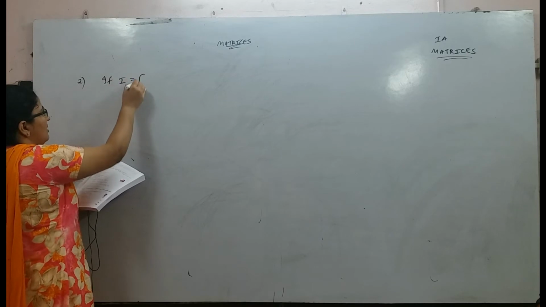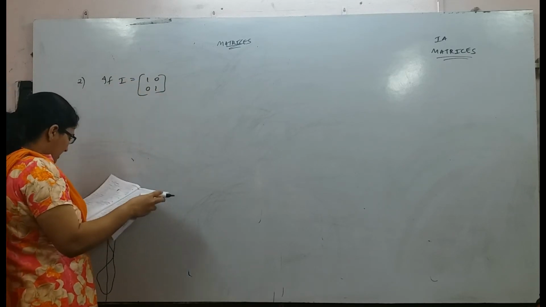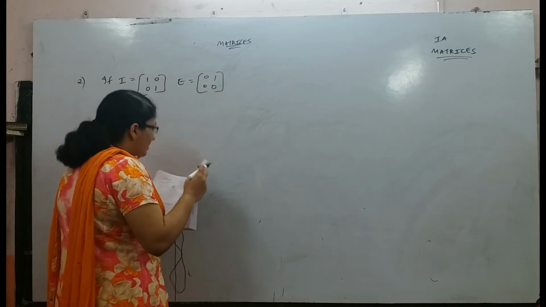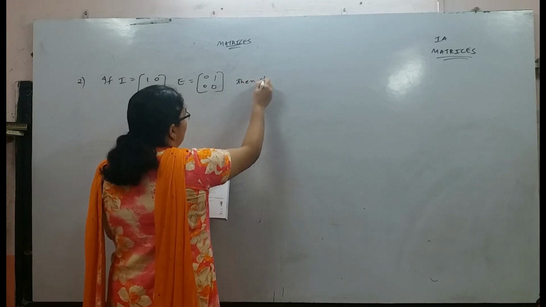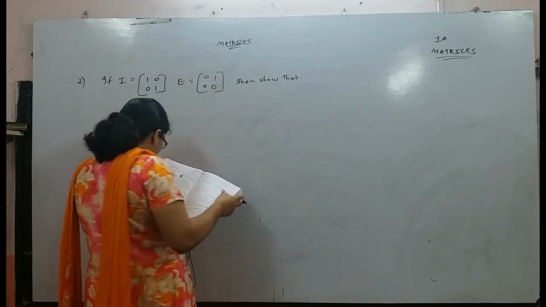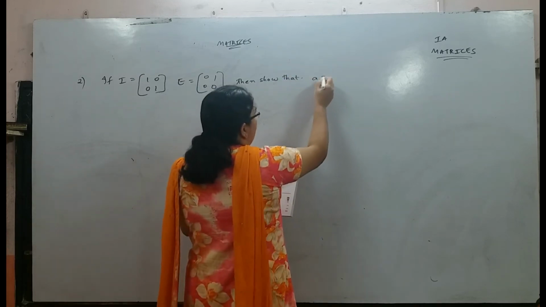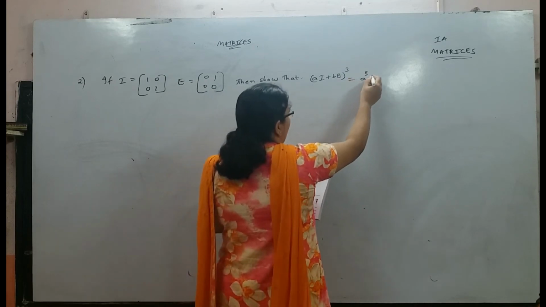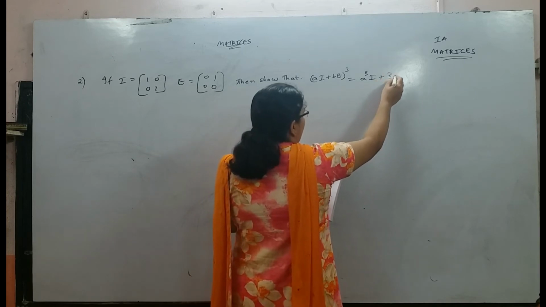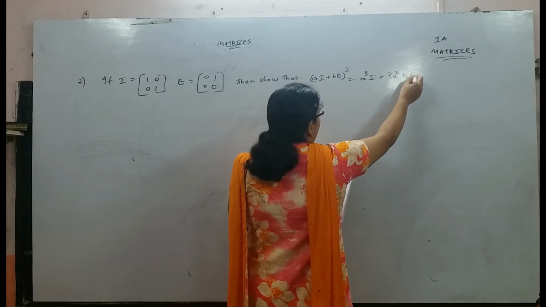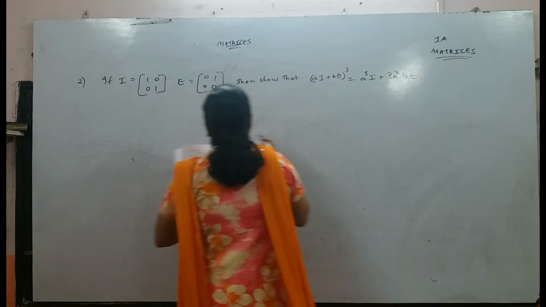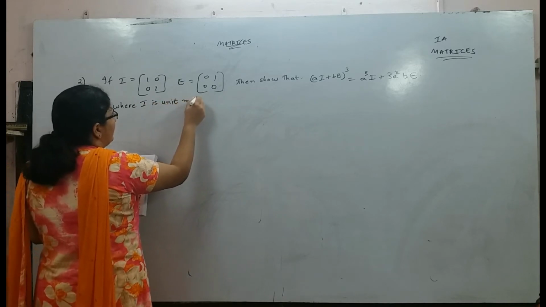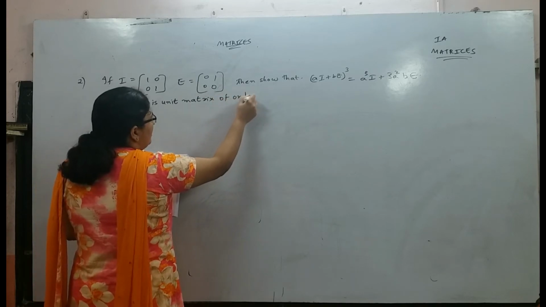If I is equal to 1001, E is equal to 0100, then show that AI plus BE whole cube is equal to A cube I plus 3A square BE, where I is unit matrix of order 2.